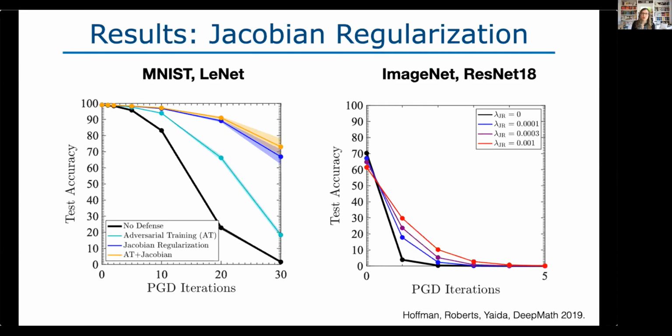These results on ImageNet show how the robustness increases in response to a larger weight on this particular regularizer.